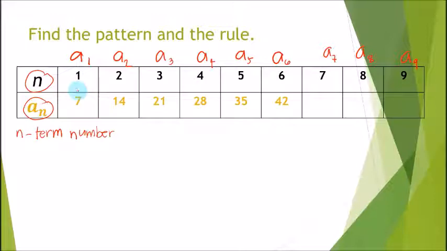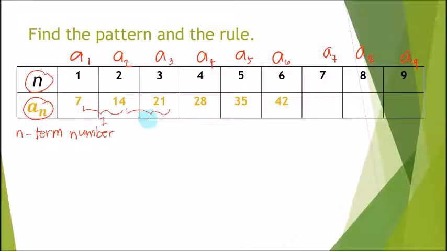To get the common difference, class, we will just subtract our second term from the first term. So that is 14 minus 7 is 7. We will also subtract our third term from the second term, which is also 7.